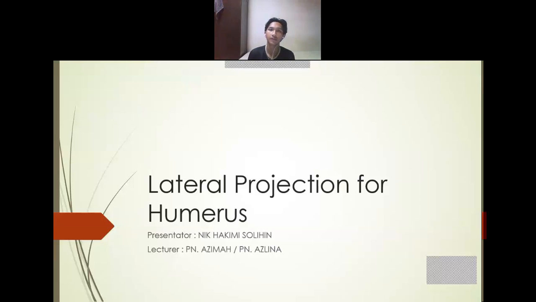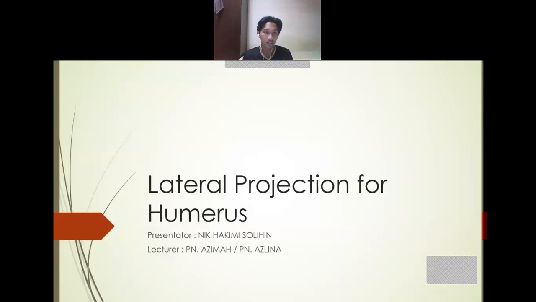P is for position, A is for alignment, C is for collimation, E is for exposure factor, M is for marker, A is for aesthetic, and N is for name.